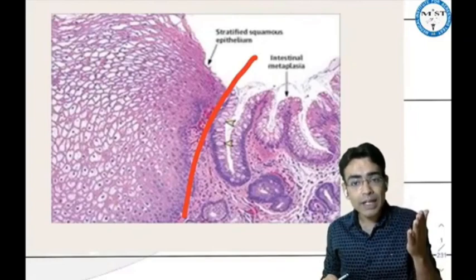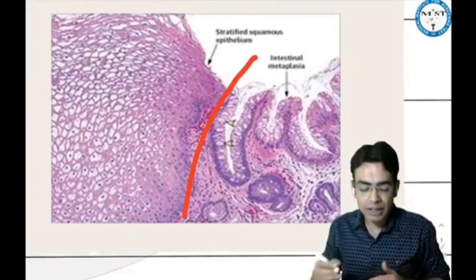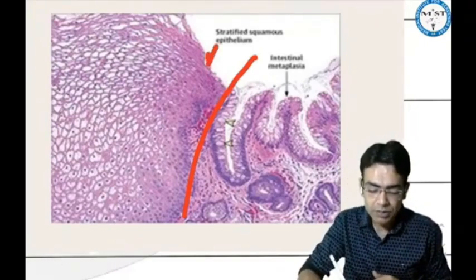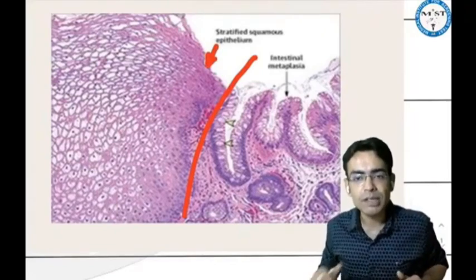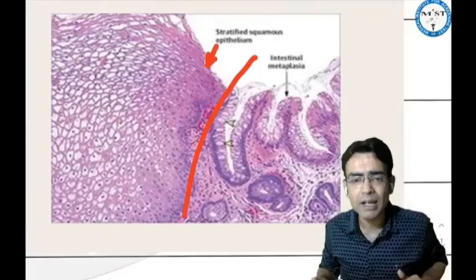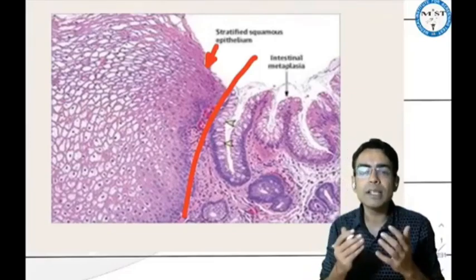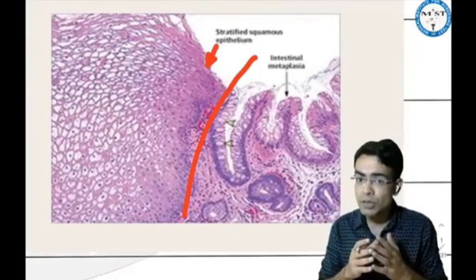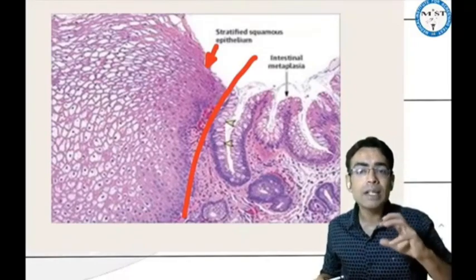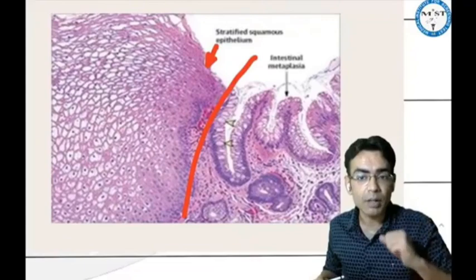Now you see, these are the squamous cells here. All the left side portion consists of squamous cells. Now you are getting something else on the right side, in which you are seeing tall cells and glandular cells, which means the columnar cells basically are coming over there.